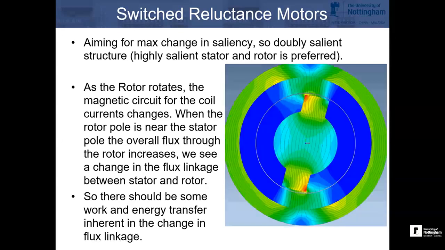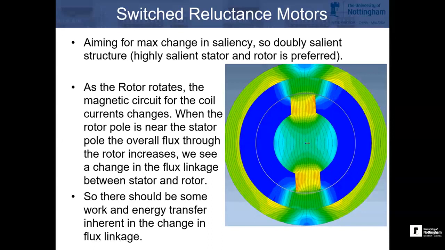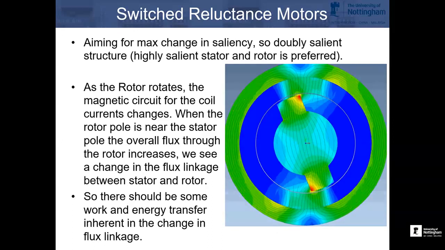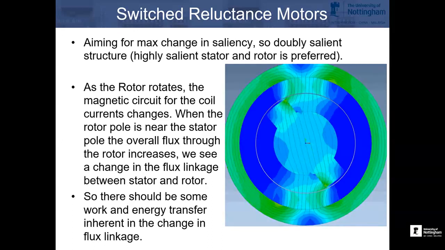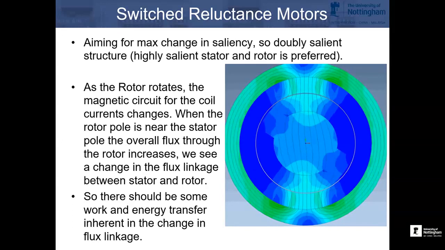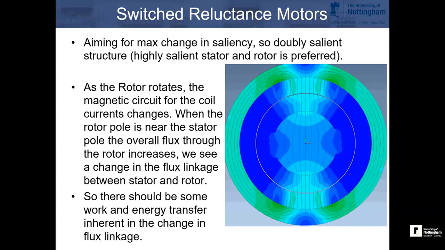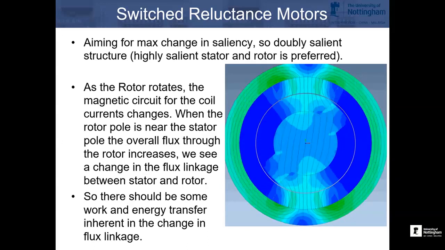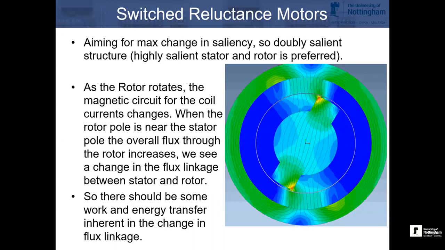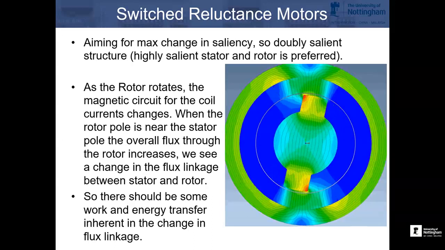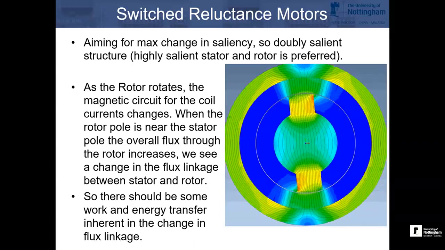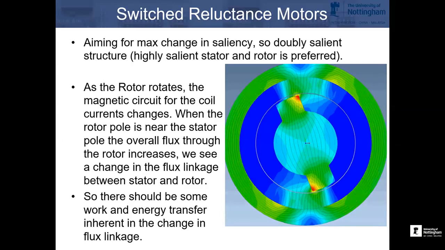And what this means is, as our rotor rotates, the magnetic circuit for our coil currents changes. So when our rotor is aligned with the stator poles, we'll get a good magnetic circuit. When our rotor is as far away from those poles as possible, we'll get a poor magnetic circuit. So we have a change in the magnetic circuit, and we also have a potential work and energy transfer which we can exploit to make a working machine.